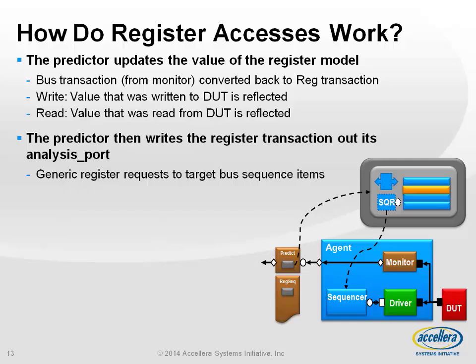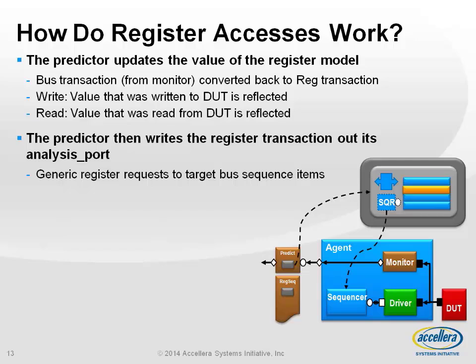So what that means is up here, we have the rest of our verification environment that is dealing with transactions at the register layer. So if we have a scoreboard that is looking at what's going on inside of the device, that scoreboard is dependent on the implementation of the DUT, what those registers are, what they do, not where they happen to reside in the address space.